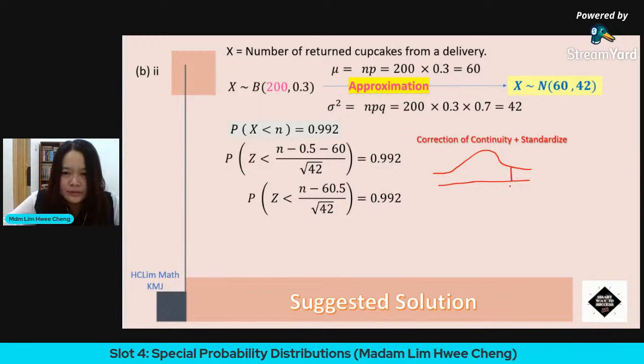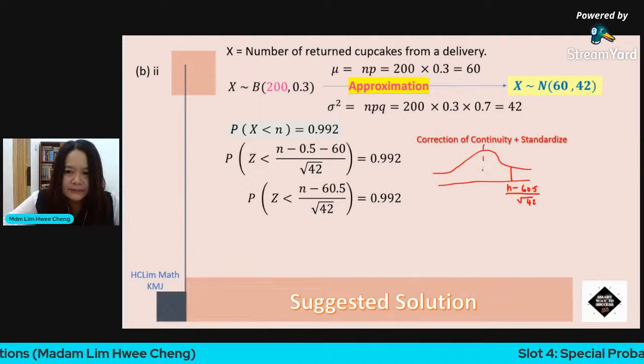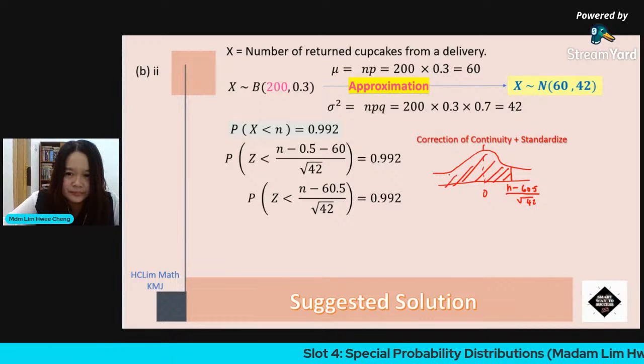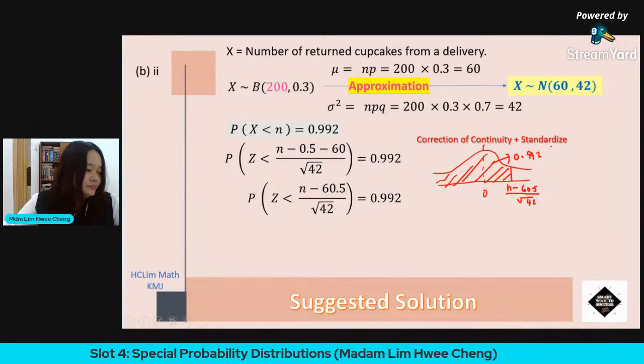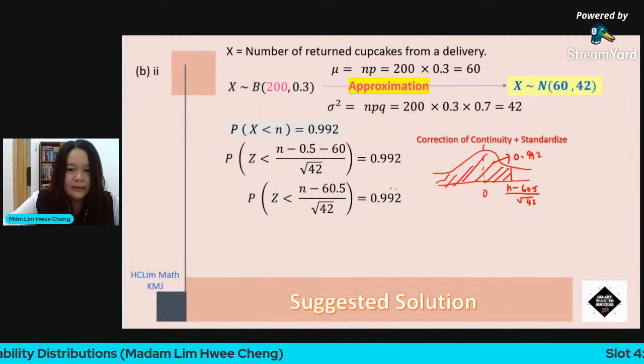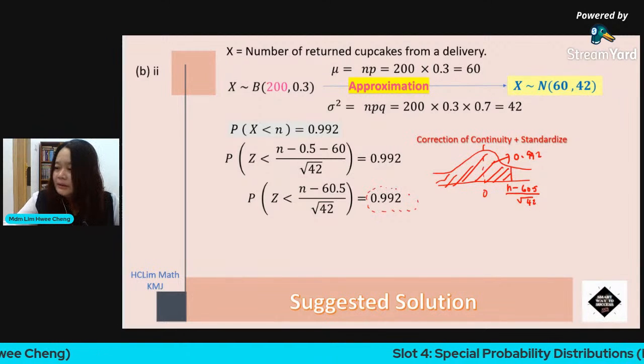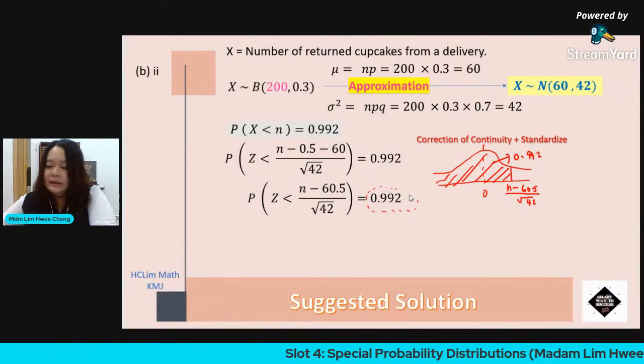So it means your n minus 60.5 divided by 42 is at this location. It is positive, so it means this region. So it is 0.992. Okay, I cannot read your z greater than this, cannot read it.